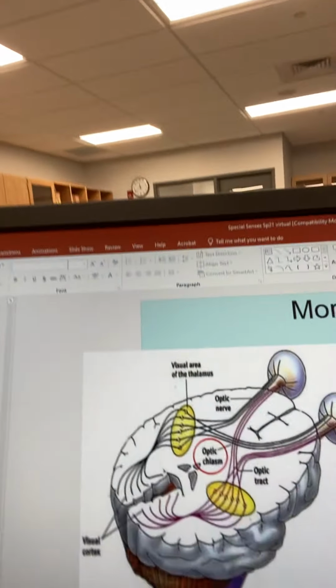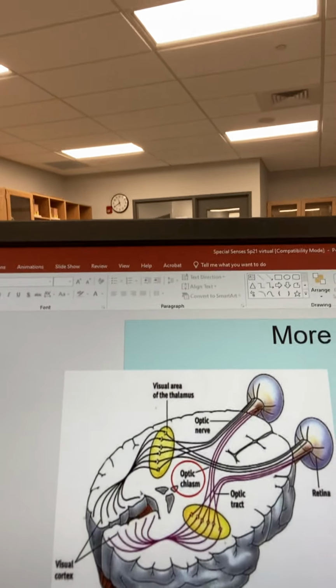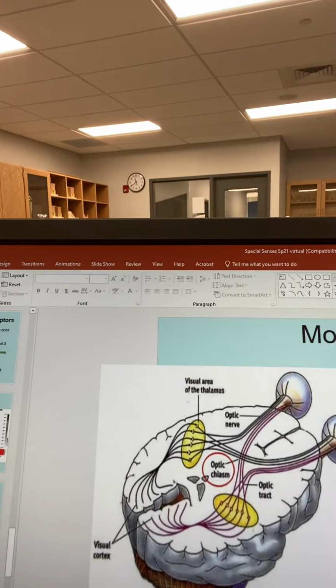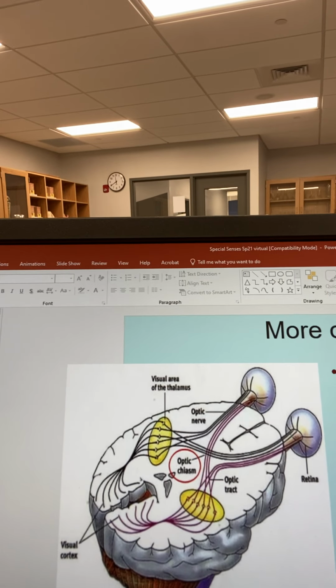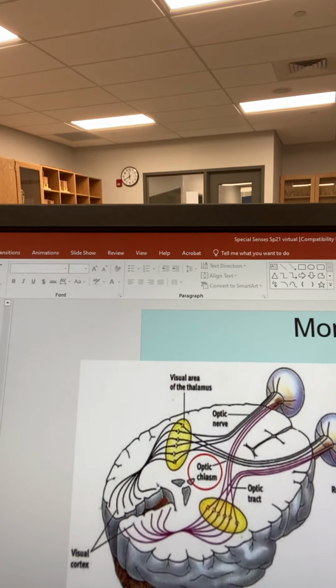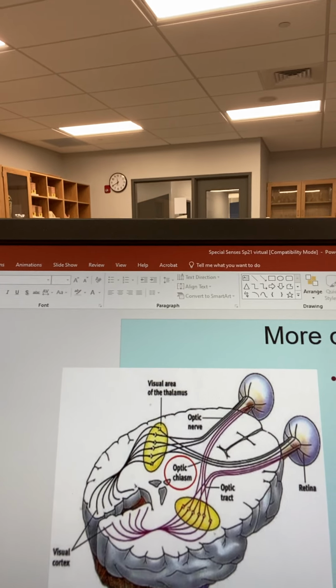Okay, slide 26. I'm going to show it to you. We have a cool picture here. So what did we say? We had said that tracks go from one side of your brain to the other. Remember, we have that optic chiasma, where they cross.